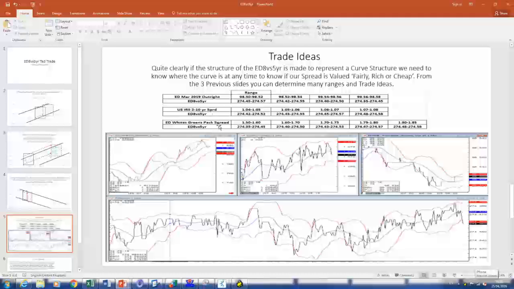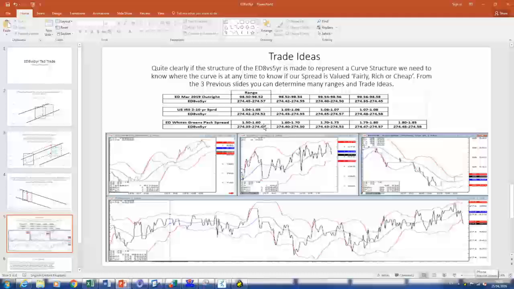Same principle. I took these ranges from the recent ranges of where the 2s10 spread was and the white screens pack spread. Why have I done that? Because that gives you an idea of the type of ranges and the type of direction these spreads should trade.